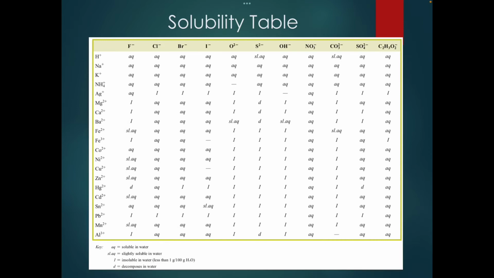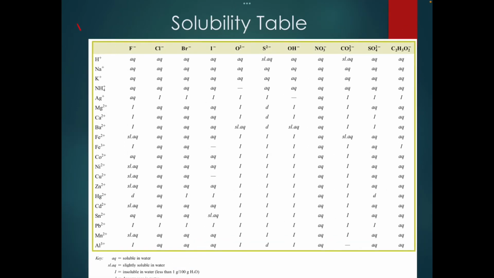And let's take, for example, if we were trying to figure out whether sodium chloride is soluble in water. We know that sodium chloride is soluble because it has sodium, which is an alkali metal, therefore it's always soluble. But let's say we didn't know that. The way we would use that is we would see, okay, here's sodium and here's chloride. Here's the intersection. That tells us that sodium chloride is aqueous.